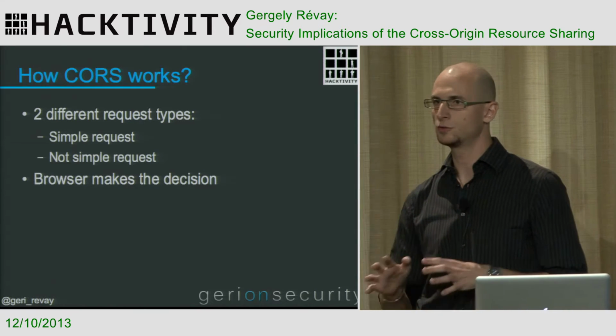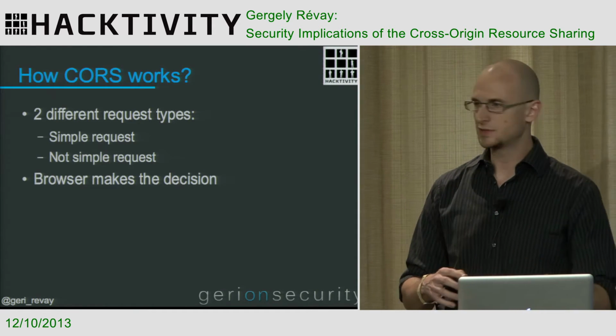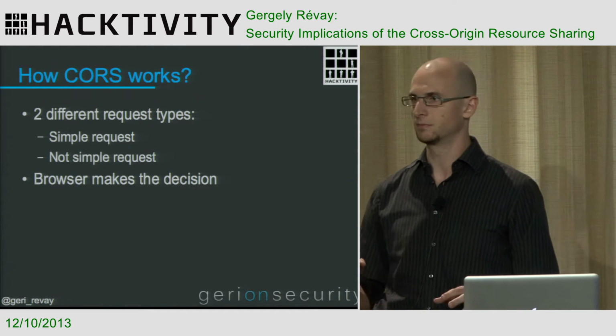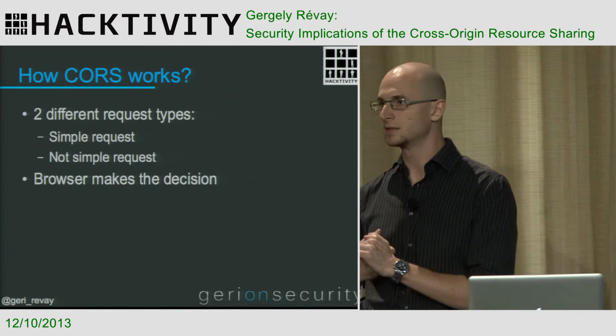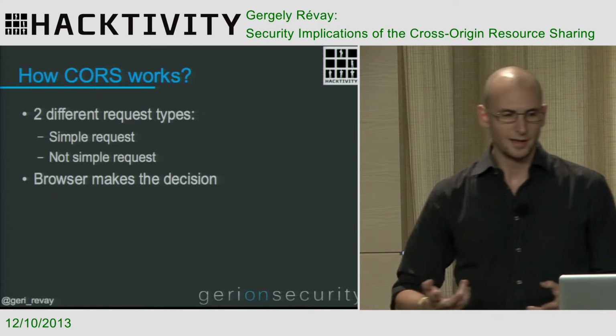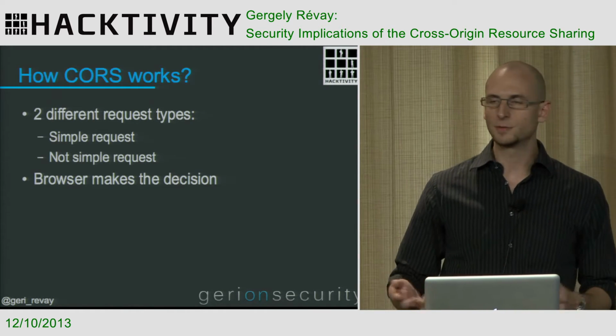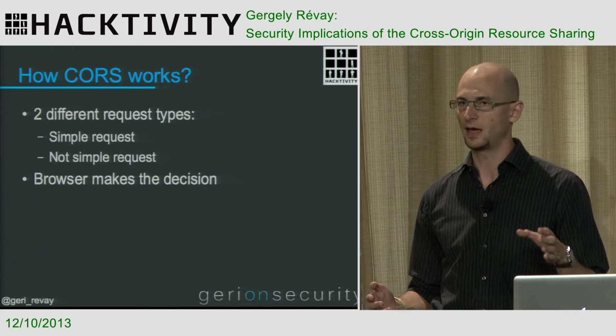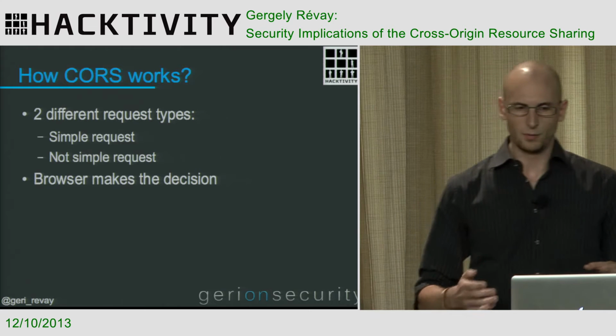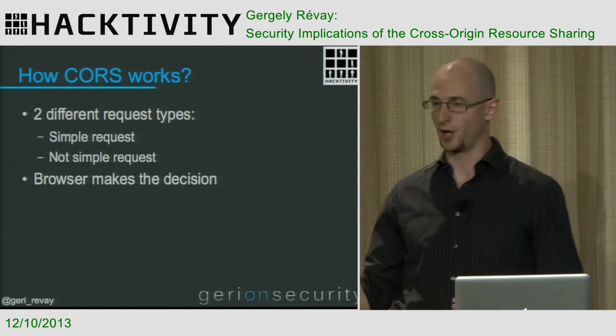We define two kinds of requests here. The naming is pretty stupid because there are not really good names for that. But we will define simple request and not so simple request. And the browser will have to make a decision whether the request, again, this is an XML HTTP request, is a simple request or not.